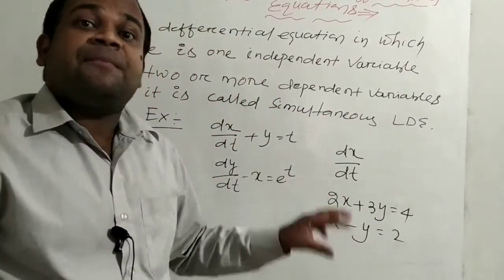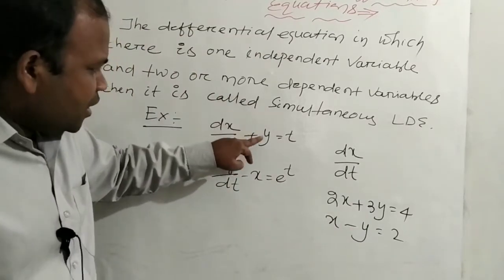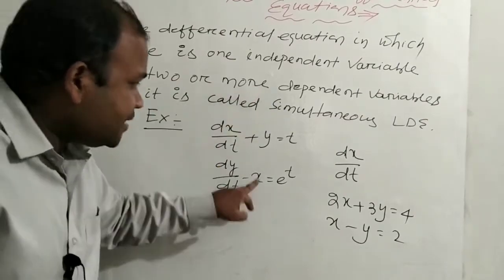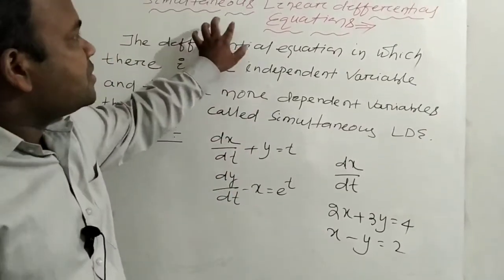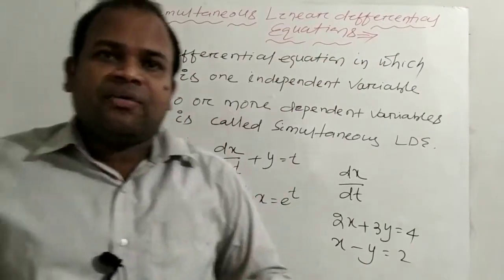This is known as the method of elimination. So here also, for the solution of y you eliminate x, and for the solution of x you eliminate y. The simultaneous linear differential equation can be solved by the method of elimination.